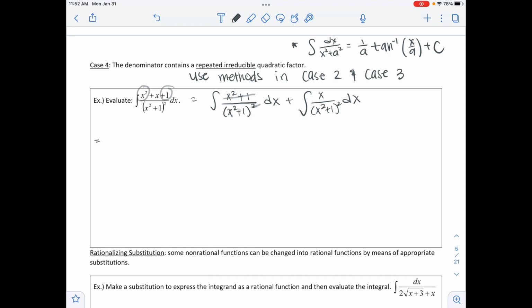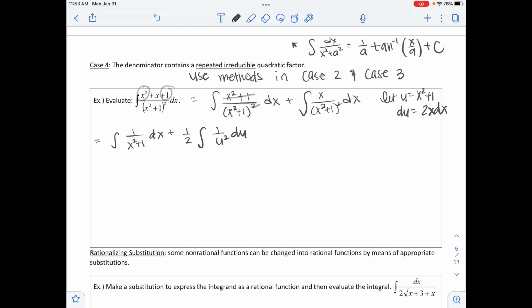And so now I'm going to have the integral of 1 over x squared plus 1 dx plus, and then to deal with that second integral, I'm going to let u equal x squared plus 1, because when I take the derivative of this, I notice that I get my numerator, which is what we would notice for u substitution. And so this is going to be plus 1/2 times the integral of 1 over u squared du, with using that u substitution.